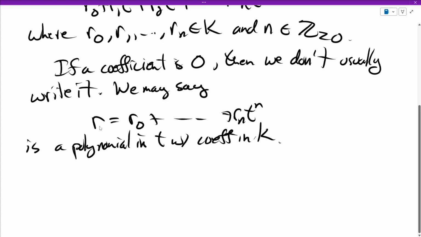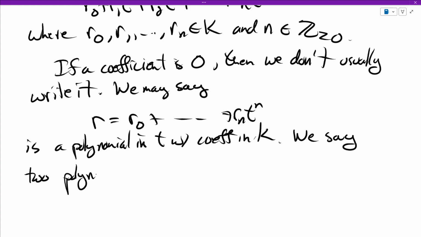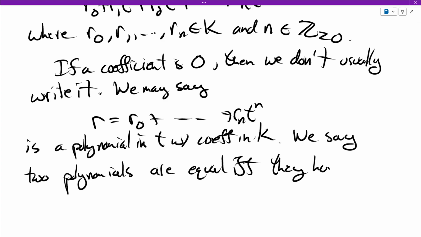In the next video, we're going to deal with polynomial arithmetic, but we say that two polynomials are equal if and only if they have the same coefficients. So that is, the formal expressions that we write are exactly the same symbolically.